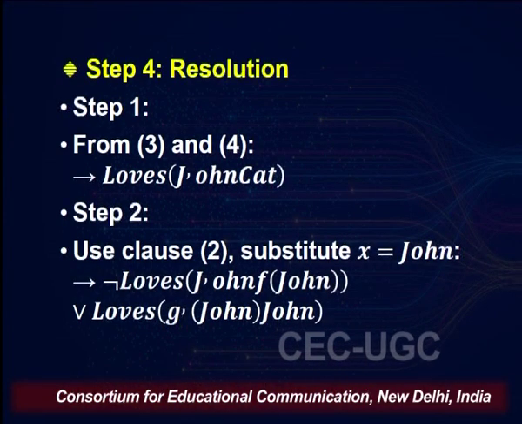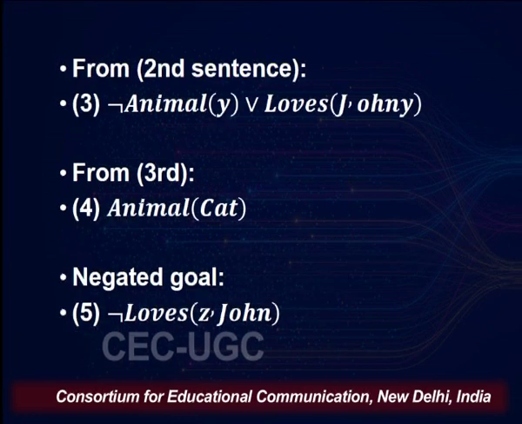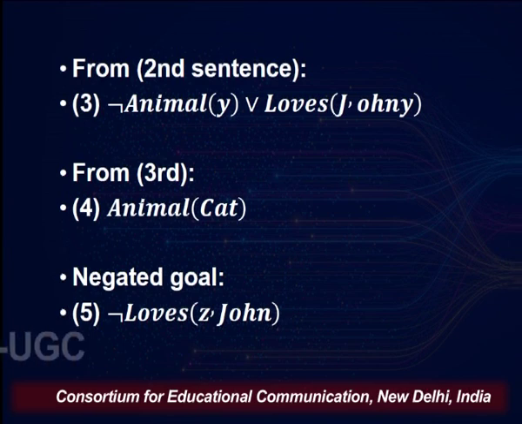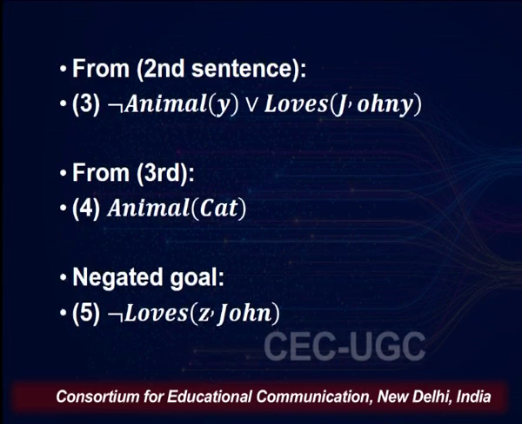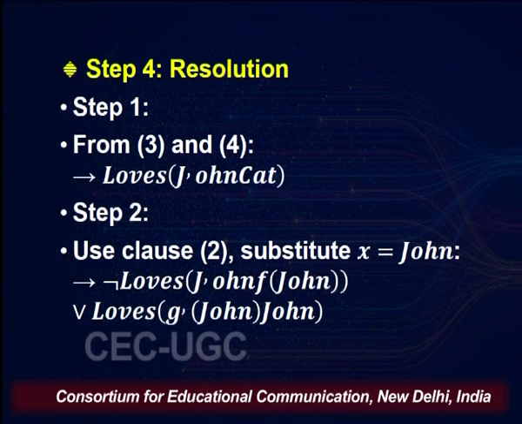The next step is resolution. Step 1 says we need to resolve 3 and 4. When we resolve 3 and 4, we have negation of animal(y) and animal(cat). We will unify y with cat and cancel out both, and we are left with loves(John, y), or we can say loves(John, cat).